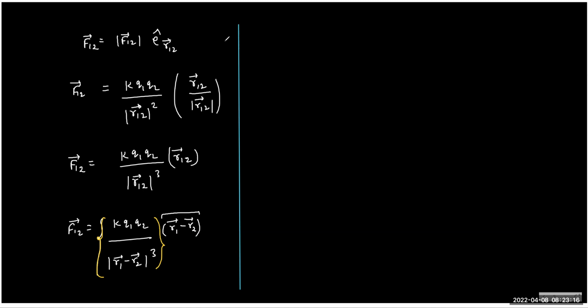Because if they are of opposite sign, they will attract instead of repel. So the question is how we can accommodate that flip in the direction using the same formula, so that the flipping part is also taken care of by the same formula. Do we need to write a separate formula?